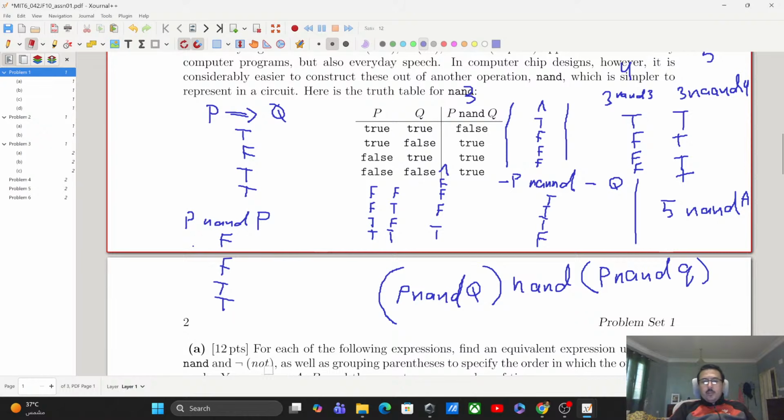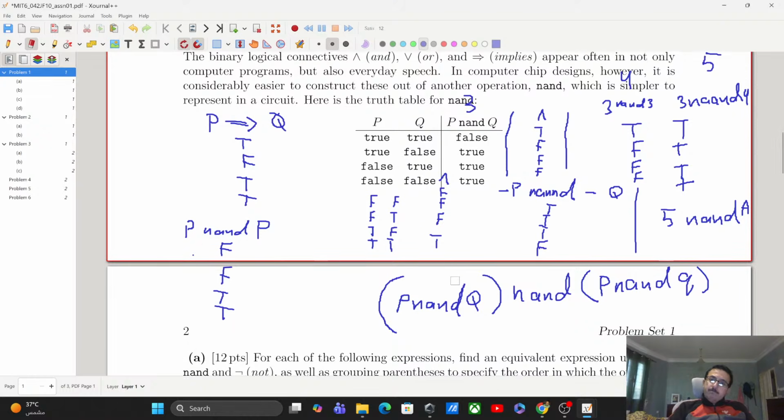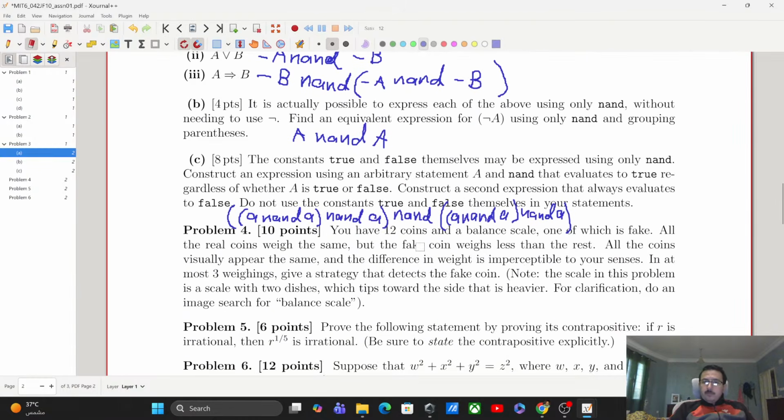So it's always true. And then we named it to all true, so it's become false. It's false. So it's always false. I told you I'm getting the question wrong.